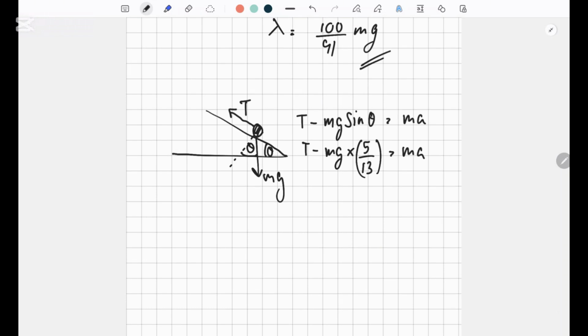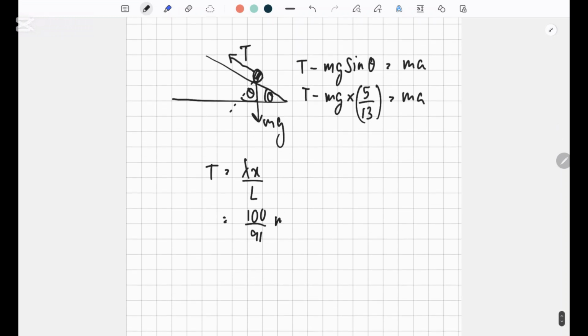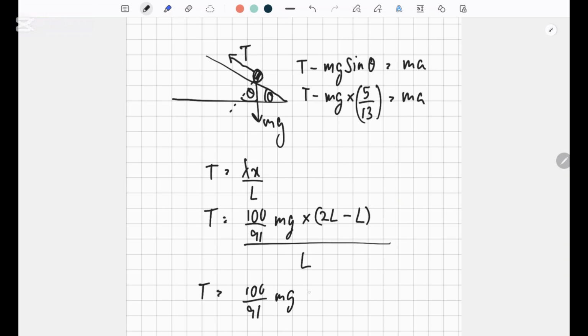To find the tension, you know tension equals lambda x over L. So x is the extension, and lambda we found is 100 over 91 mg, into 2L minus L, because they're asking at B, over L. So this gives you T equals 100 over 91 mg.